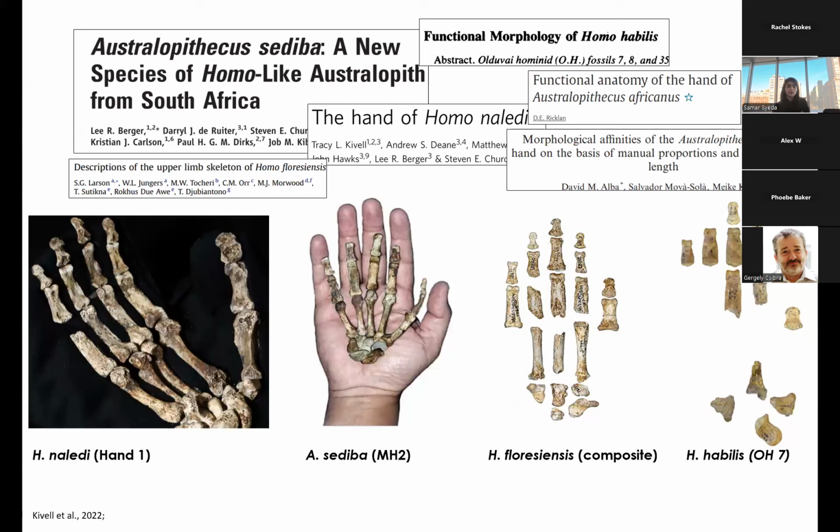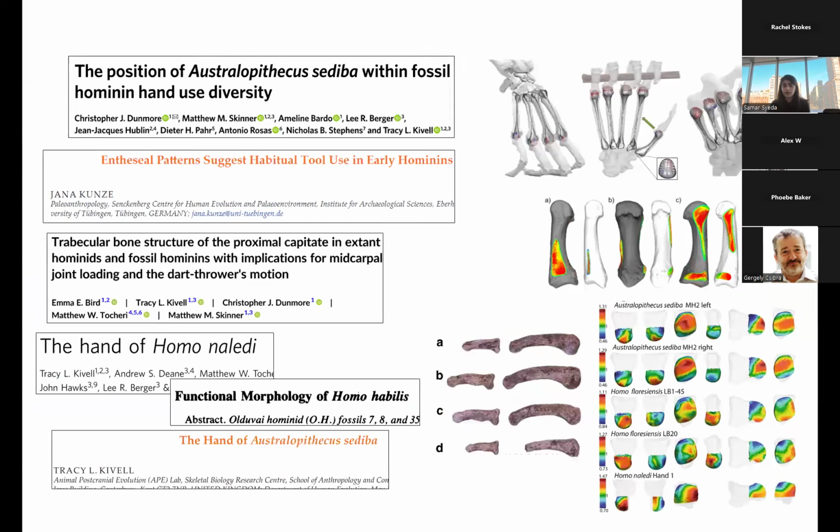When studies of the external morphology of these fossil hominins have been done, they give indications of both manipulation and locomotion signal in the hand. When we look at the internal structure of these bones, mostly the work's been done on the wrist and the metacarpals.